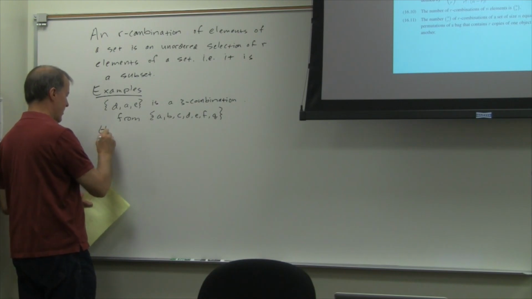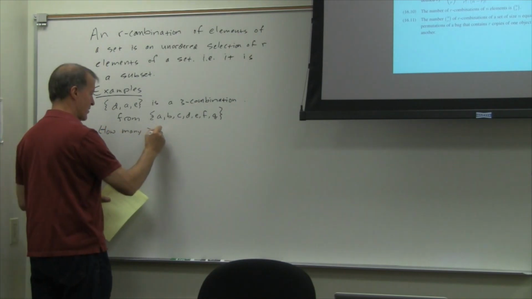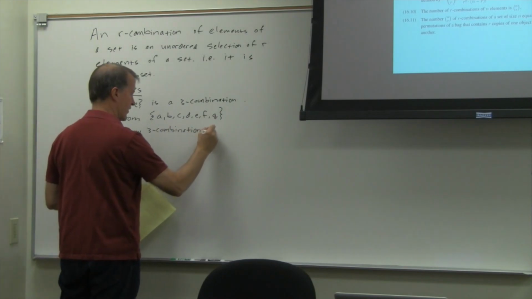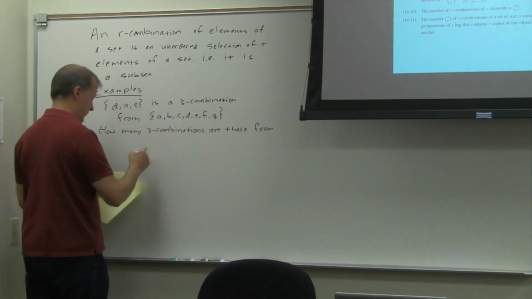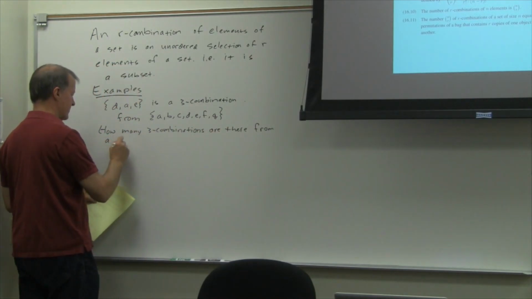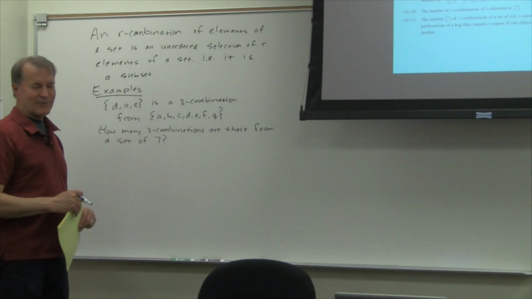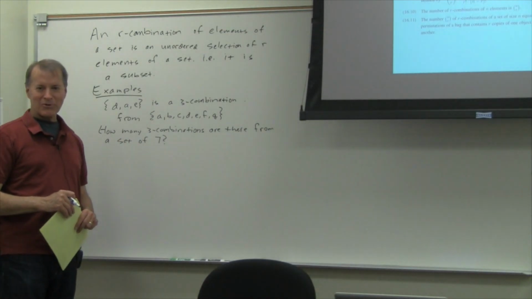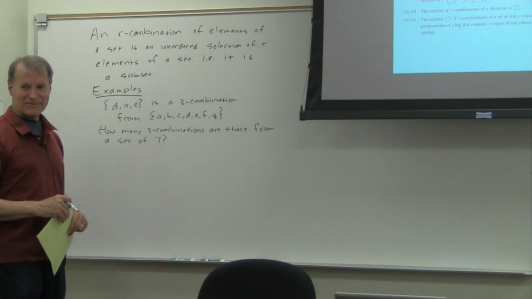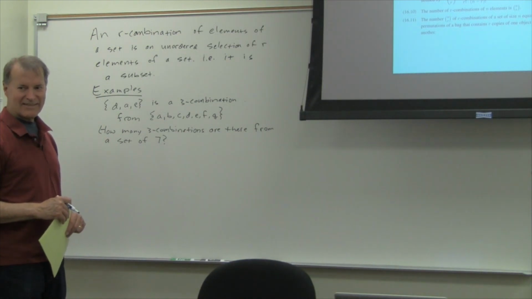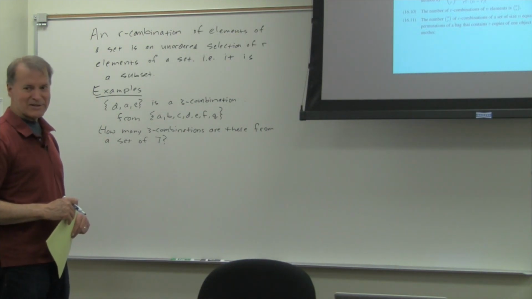How many three combinations are there from a set of 7? Is it 7 factorial over 4 factorial, or 7 factorial over 3 factorial, 7 times 6 times 5? Or is it something else?